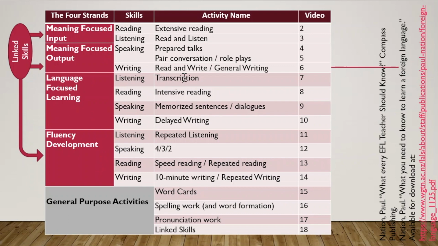The teacher is really good though for language-focused learning as explicit teaching, but that's not what's going to build an implicit system, like a mental representation of language in the mind. So it's not going to help students with any of their skills really. So students really need to be engaged with the language in the 3 message-focused strands. So teachers, make sure you plan for learning.